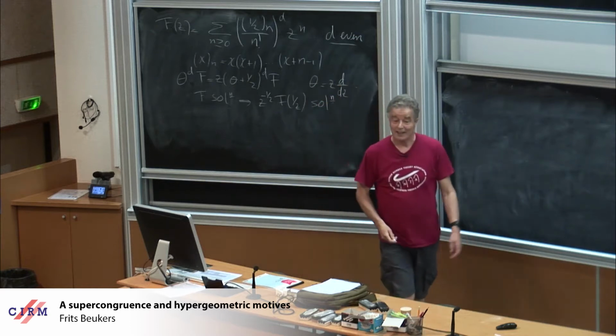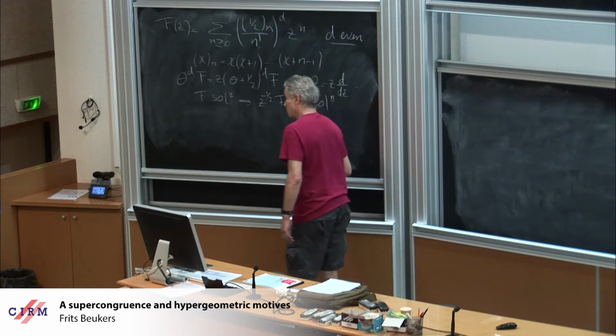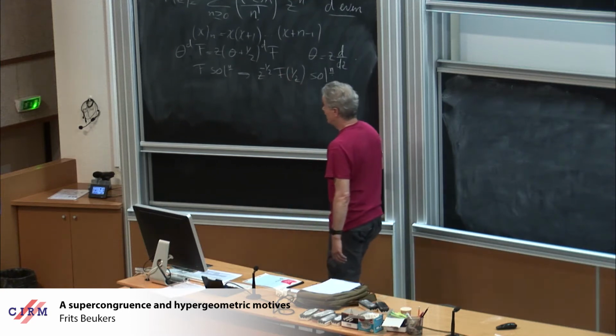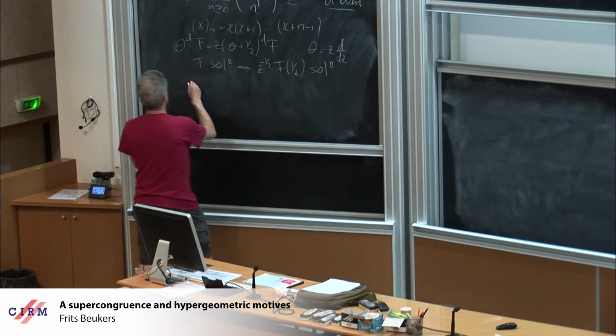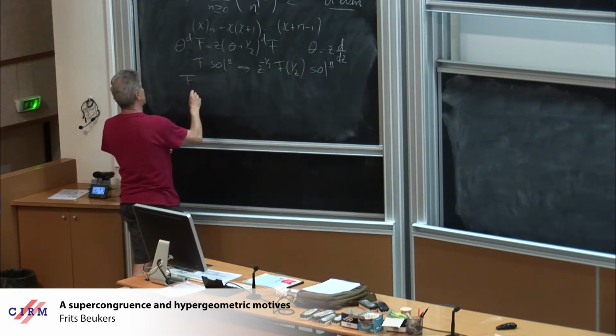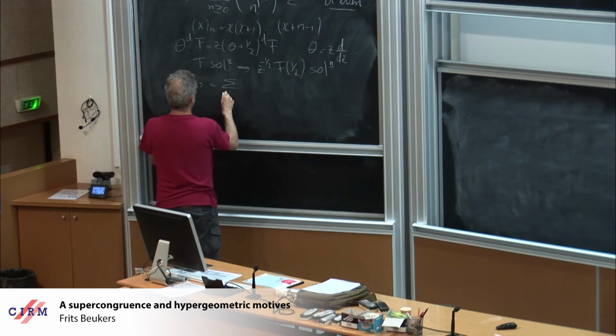Now the game that I like to play is to look at things p-adically. So we're going to look at some p-adic aspects of this hypergeometric function. What we're going to do is basically take this power series, but truncate it.